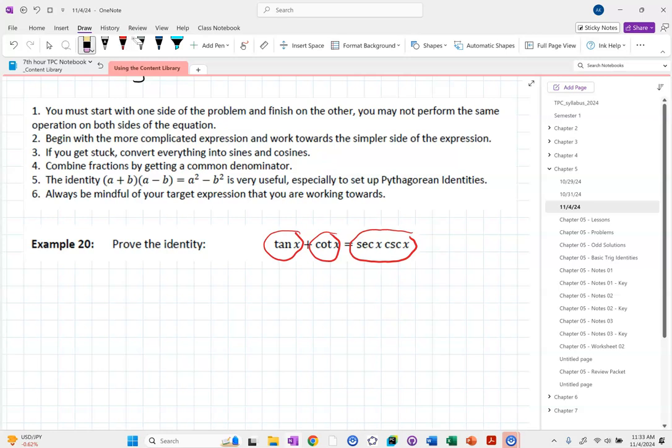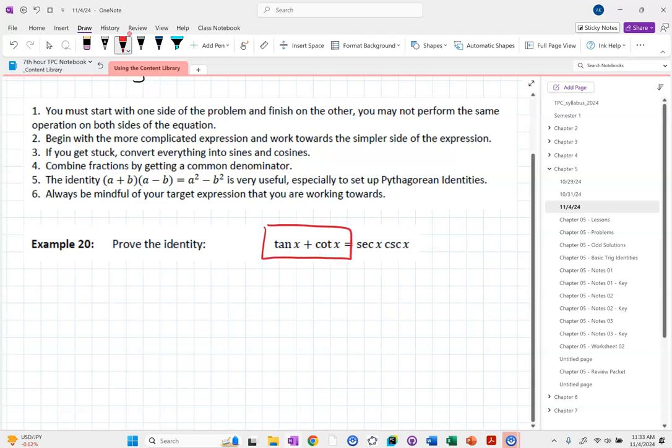If it's me, I would choose to work on the left-hand side because I see 2 things on the left and I see 1 thing on the right. The technical definition there is terms. The left-hand side has 2 terms. The right-hand side has 1 term. 2 is more complicated than 1. I would start on the left. Everybody feel okay there? All right.